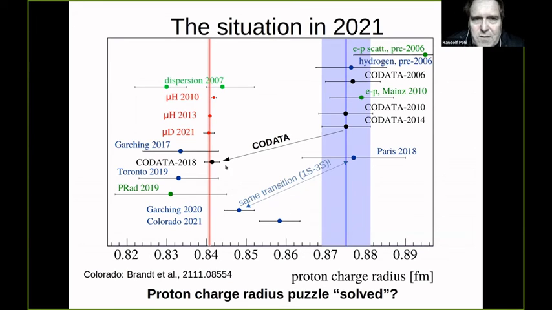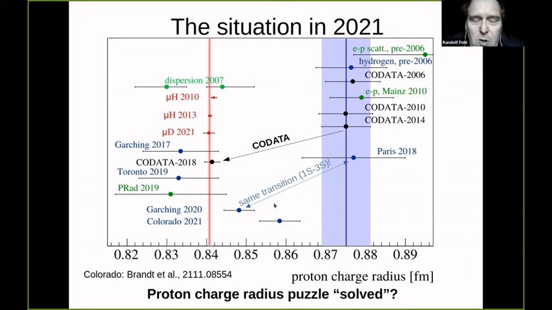I would just like to note that all of these measurements here, which agree in atomic physics, they all measured S to P one-photon transitions. Okay, so this is muonic hydrogen 2S2P, muonic deuterium 2S2P, 2S4P in hydrogen, 2S2P in hydrogen, and the S to S and S to D two-photon transitions seem to have probably an unaccounted for systematic effect, which may not be the same for these two measurements, or in fact it actually may still be some unaccounted for theory contribution that shifts S and P and D states differently.